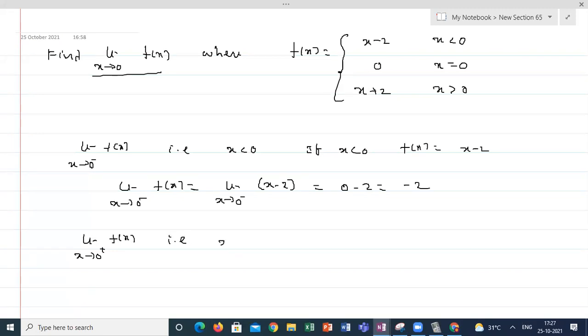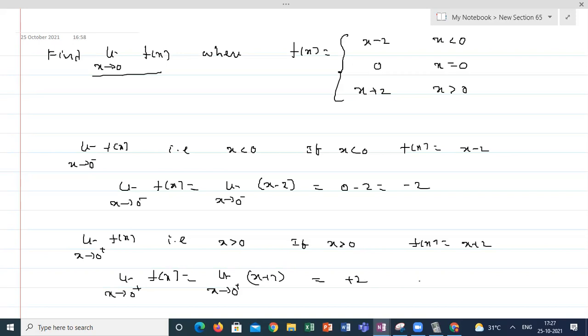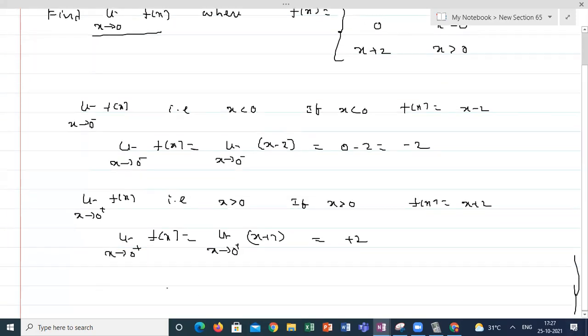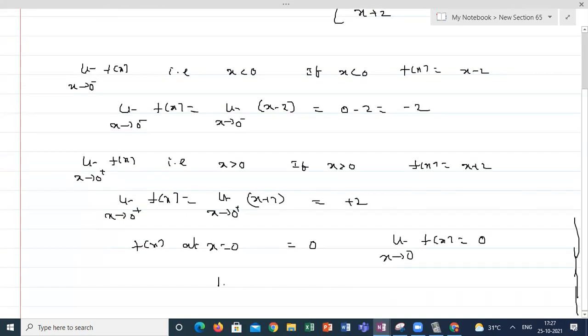That is, x is greater than 0 very slightly. If x is greater than 0, f of x must be equal to x plus 2. So limit x tends to 0 plus of f of x will be equal to limit x tends to 0 plus of x plus 2. The value is plus 2. And f of x at x is equal to 0 is 0. Here what I can conclude is left hand limit is not equal to right hand limit.